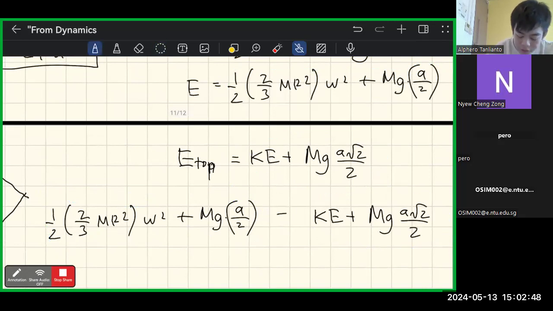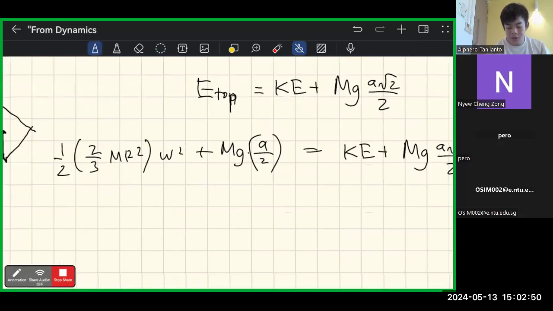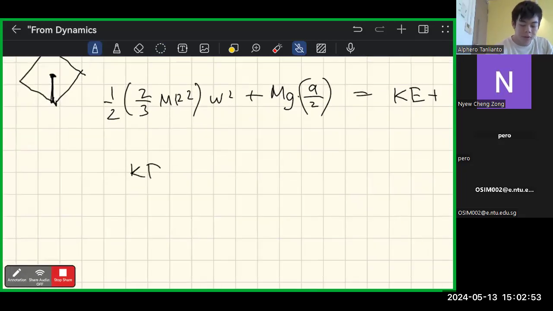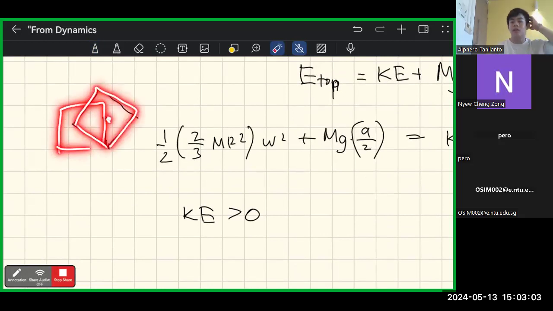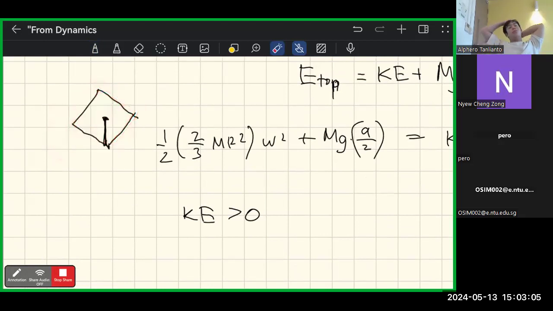So at least they have a velocity on top, right? So the kinetic energy here has to be bigger than 0. Otherwise, if it's 0, it's just going to go up to the top and then stop there. In reality, it won't stop because there will be wind or other things to let it fall because it's unstable.